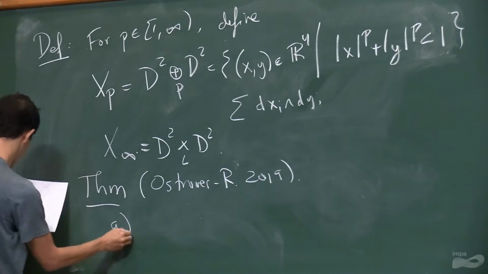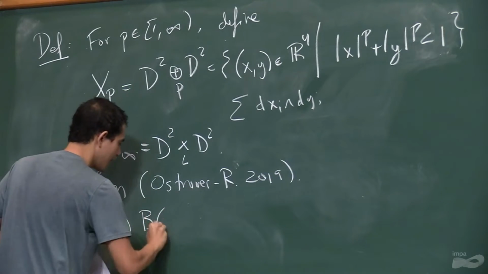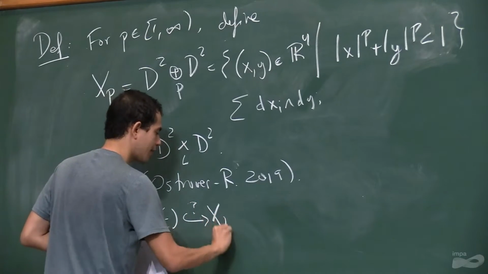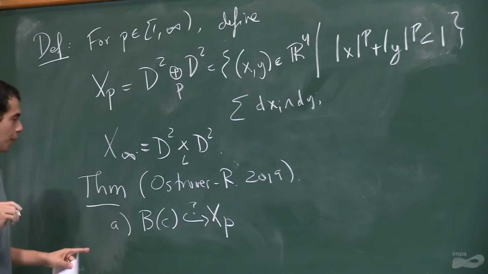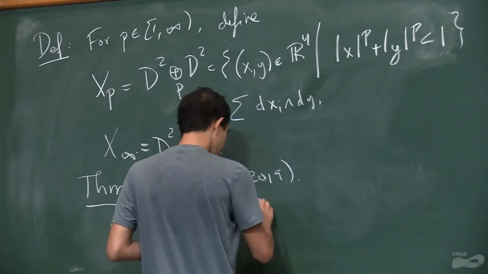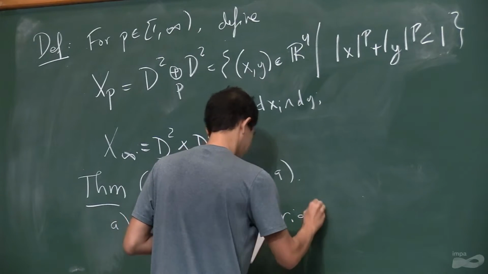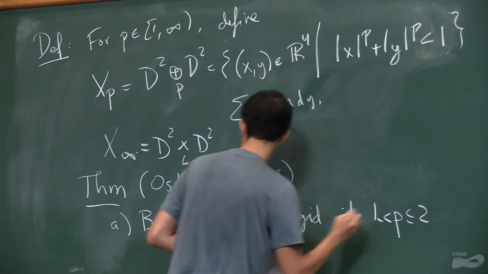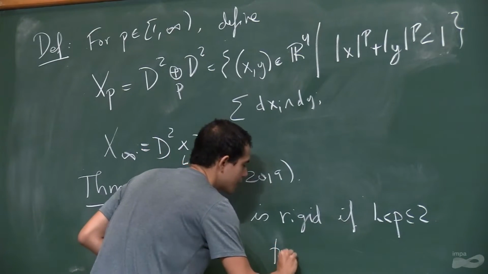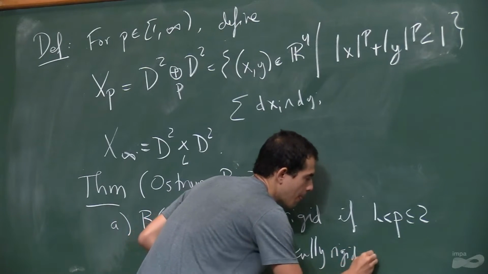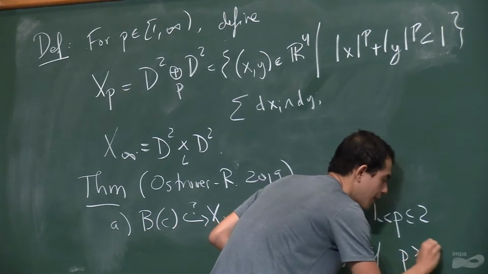So there are two parts. The first one is embedding a ball into this guy. So we showed that the embedding of a ball into X_p is rigid if p is between 1 and 2, and it's torically rigid if p is greater than 2.